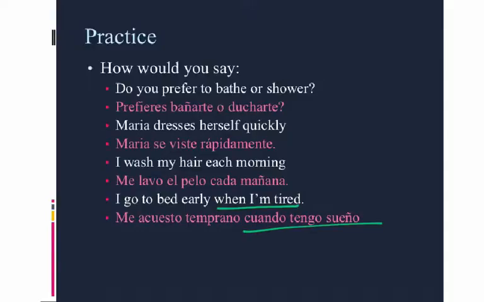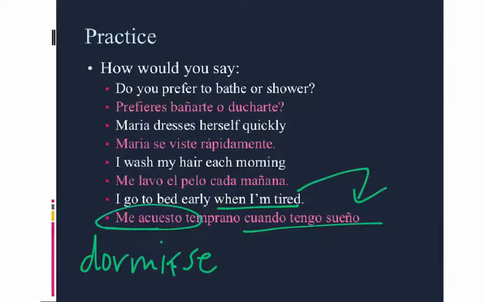I'm tired is that whole tener sueño, tener hambre is I'm hungry. Hopefully you remember those. I wouldn't say dormirme or me duermo. Dormir means to sleep. Dormirse means to fall asleep. So that would change the meaning of the sentence. So really go to bed is actually acostarse. So that's why I did that.